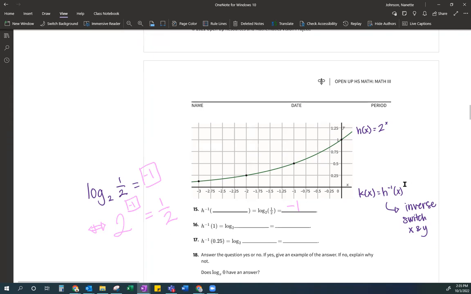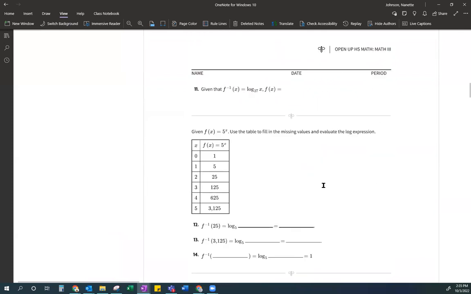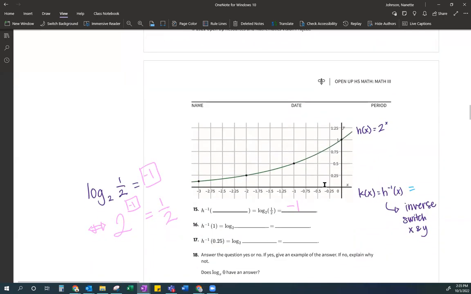Remember, we just talked about this up here. We said if it's 3 to the x, then the inverse is going to be log base 3 of x. Very good, you wrote it in the chat perfectly. So I'm going to write that here, log base 2 of x.